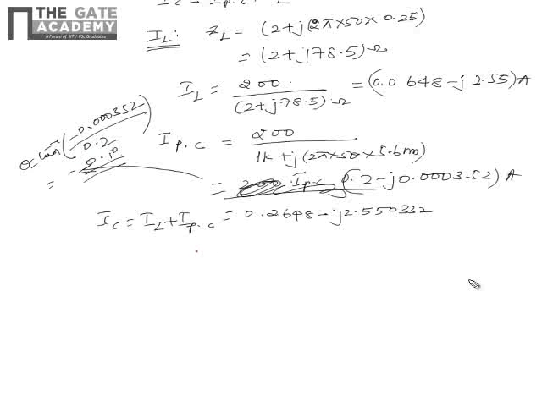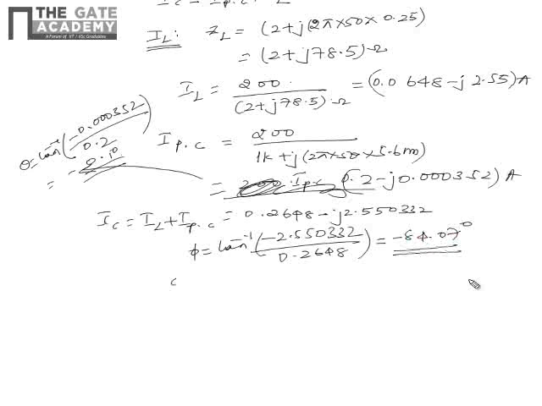The resultant phase phi is tan inverse of minus 2.550332 divided by 0.2648, so this comes as minus 84.07 degrees. So the resultant phase, phi minus theta, between IC and IPC is nothing but minus 83.97 degrees.